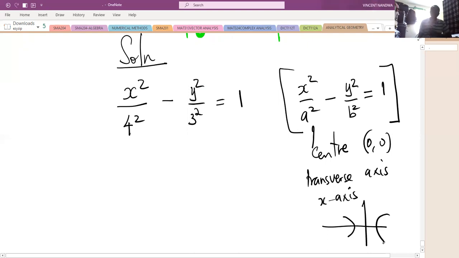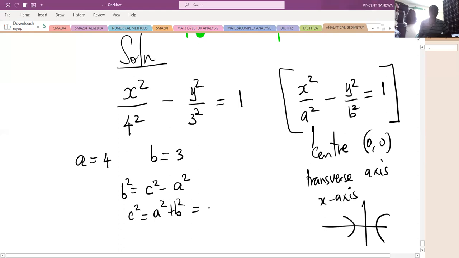So the first thing is to identify our a, which is 4, and b, which is 3. And know that b squared equals c squared minus a squared, which tells us that c squared is given by a squared plus b squared.